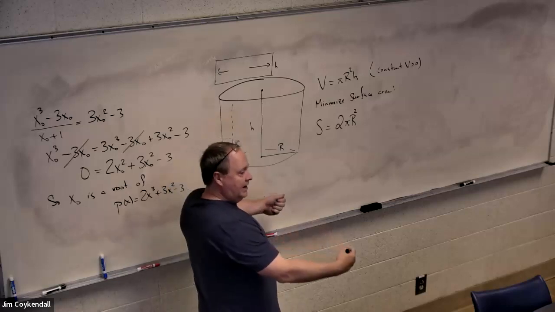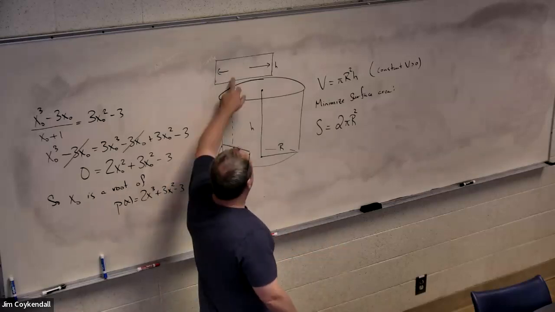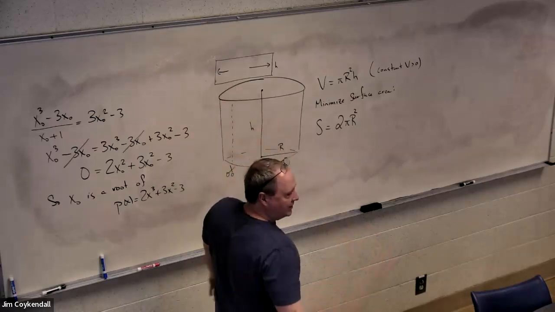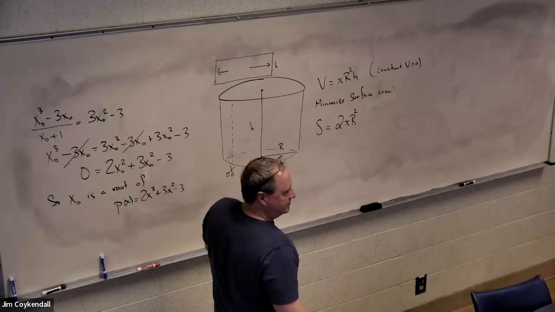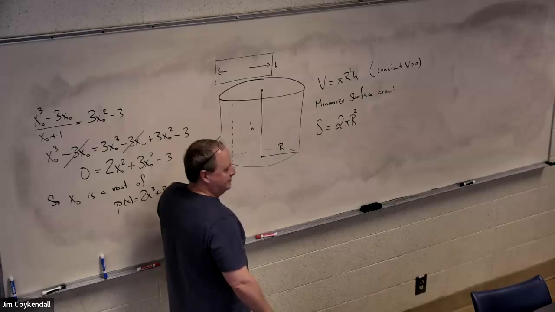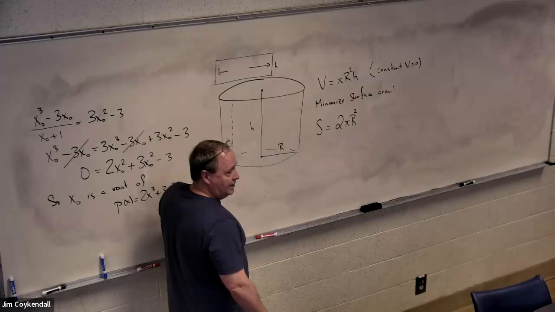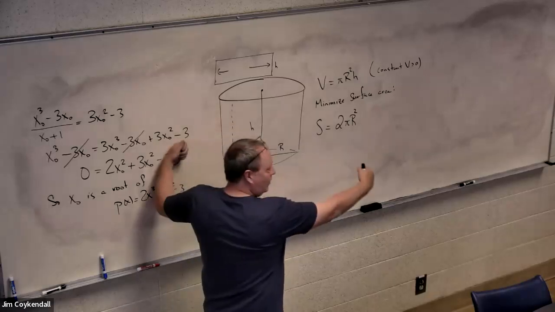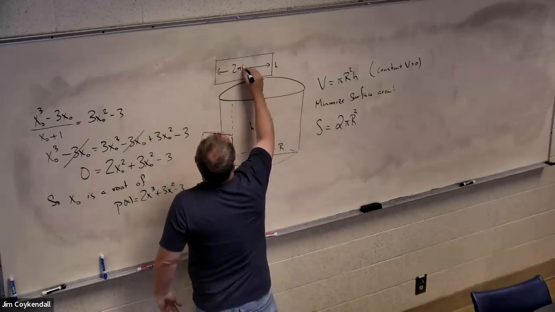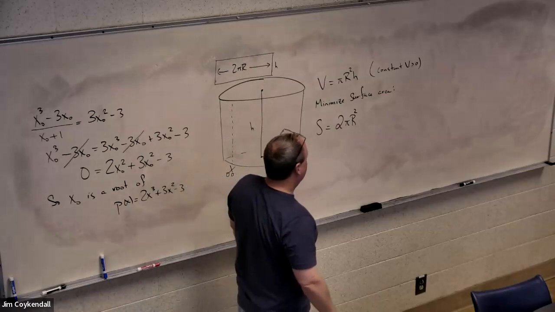Cut that can open. And the height's h, right? So what's the length across? It should correspond to the circumference of that circle. Everybody agree? How far I can roll that out flat corresponds to the circumference of the circle. I agree. So I've got this.